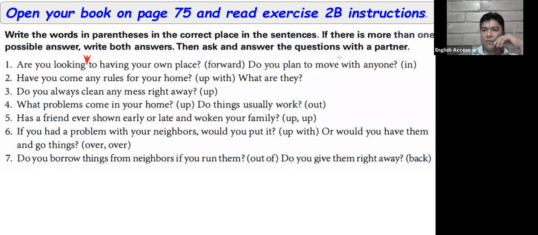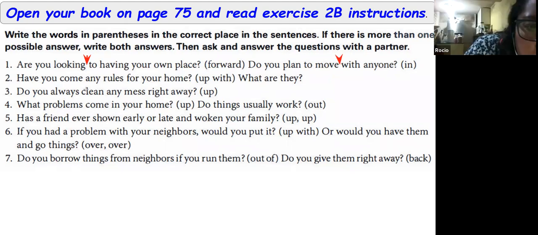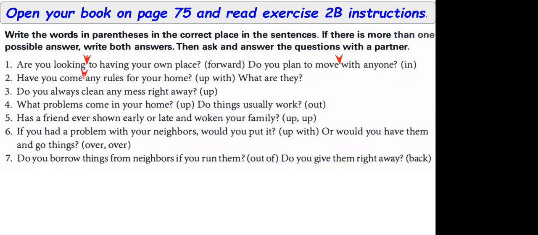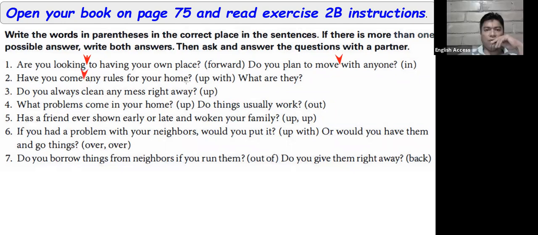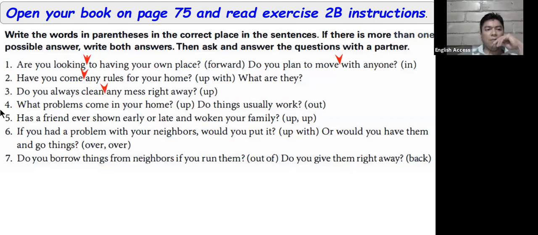Move in. Number 2, have you come up with rules for your home? Come up with. Number 3, do you always clean up any mess right away? Clean up. Number 4, what problems come up in your home?